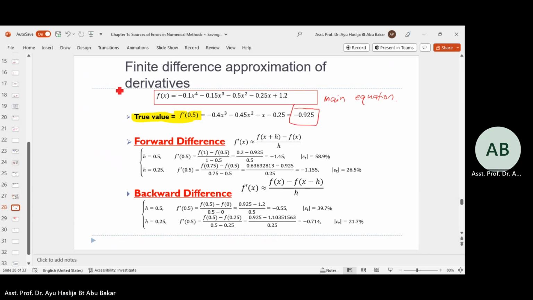Then f prime 0.5 over here is the one that you get from the forward difference using this equation.